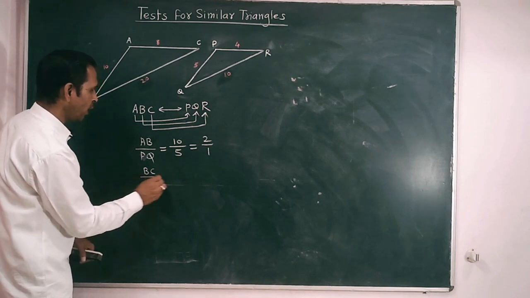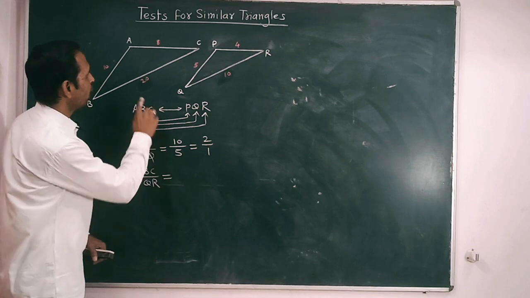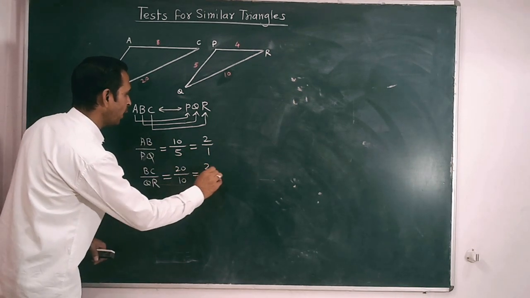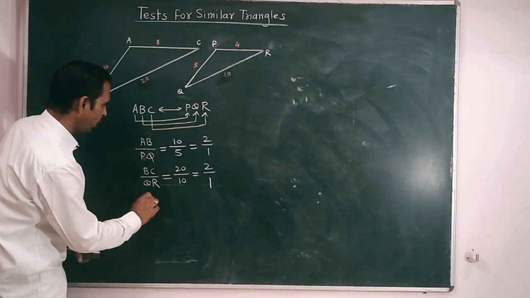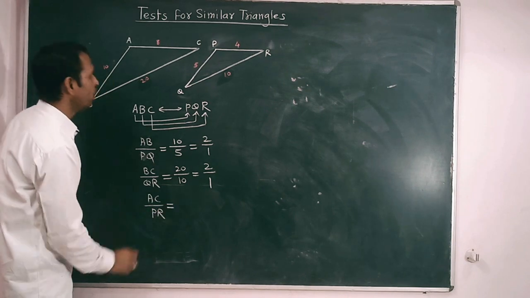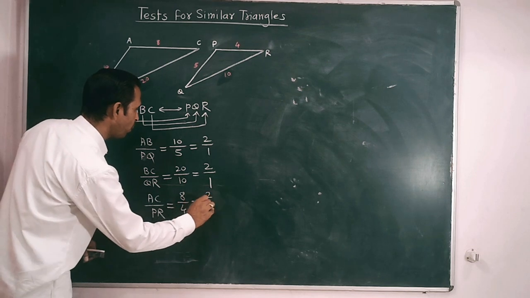BC and QR are the corresponding sides of the two triangles. And that's why again we write the ratio 20/10 is equal to again 2/1. And the third side, that is AC upon PR, this ratio is also 8/4, means 2/1.